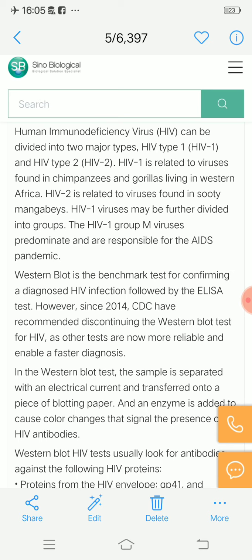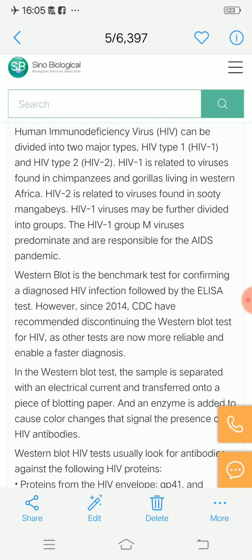Okay, Western blotting is what? Detection of protein. So HIV is a virus, made up of nucleic acid, DNA or RNA, and protein. Which type of protein is present on this HIV virus?